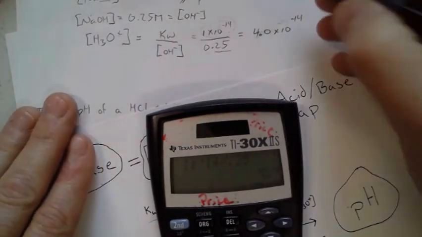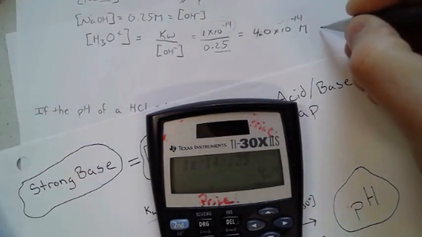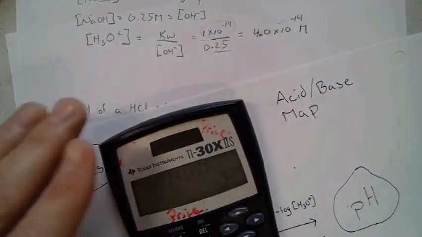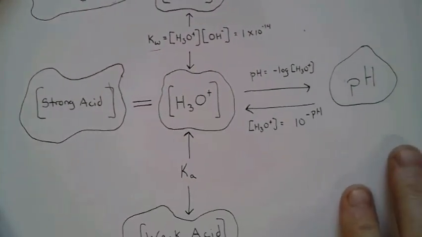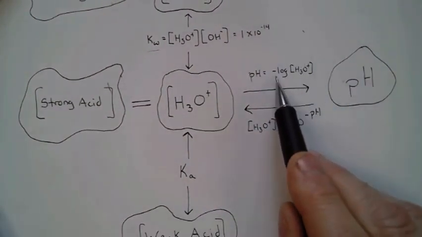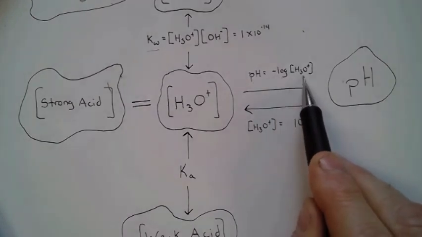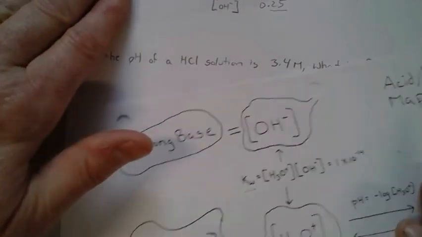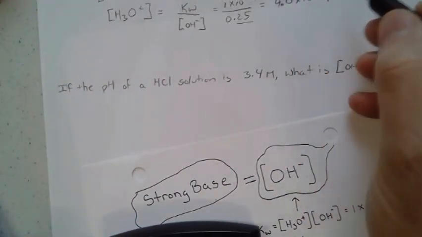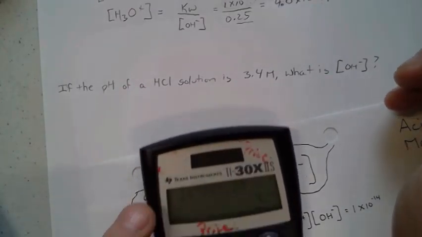And then this is the concentration, again, of hydronium. And then the last step is, in order to find the pH going in this direction, I take the negative log of the concentration. So I have 4.0 times 10 negative 14, and I want to take the negative log of it.